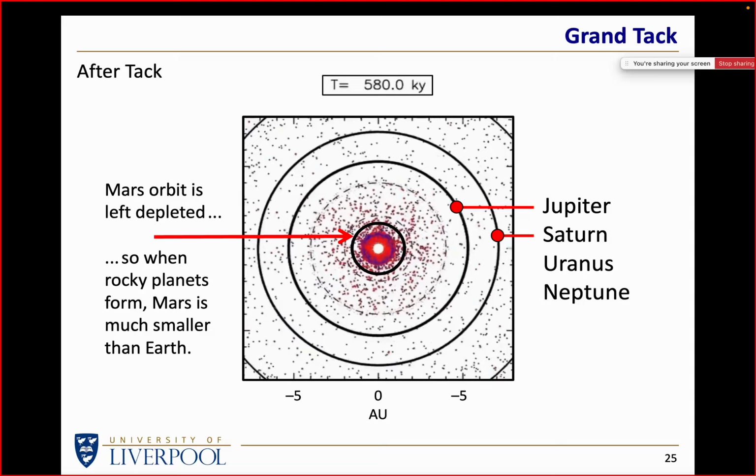All of that relatively dry material has been depleted so that when the rocky planets form, there's still enough there to make Mercury, Venus, and Earth, but there's very little left just at that point to make Mars, because Jupiter has effectively disrupted it by coming into where roughly the orbit of Mars is now.